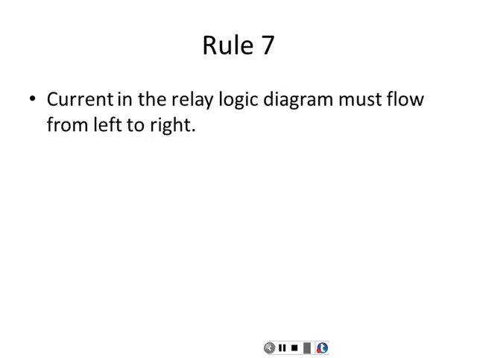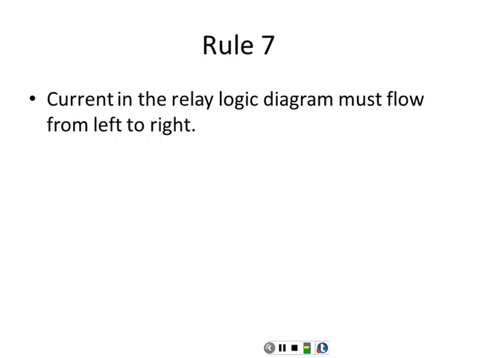All right. Rule 7 says that current flows from left to right. So if current flows from left to right, looking at diagram 514, if I showed you this diagram and I said if switch 1 and switch 2 are closed, would the electricity go through switch 5?